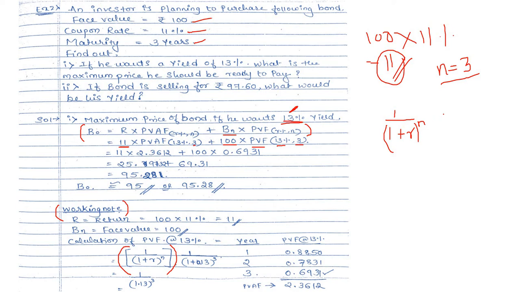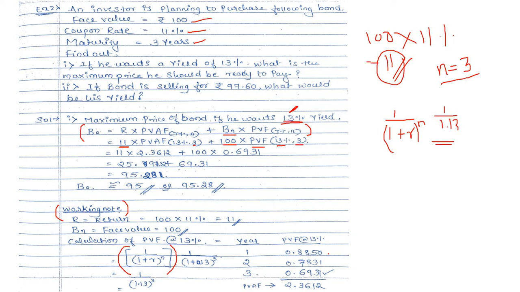In your calculator, first put 1 divided by 1.13 and now click on equals. So you will get the value as 0.88495575, a continuous value. So we have to round off to the first 4 values.